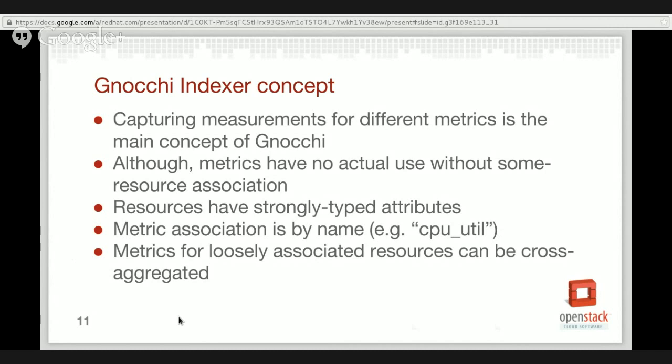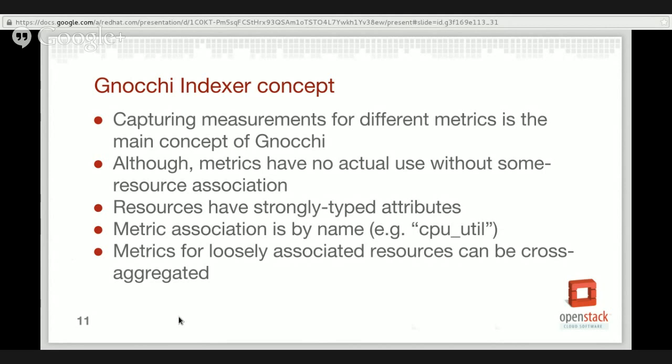When we first started doing this, obviously we wanted maximal flexibility. That's always the case when you're starting something new, a greenfield thing. And originally, Julien designed this so that there could be a many-to-many association between resources and metrics. But in reality, we found that this added complexity, and it was totally unneeded.